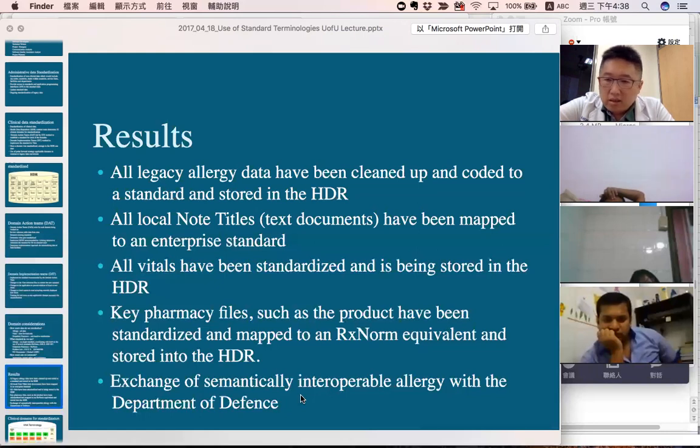So I guess there are a lot of things we can work on. For example, I'm thinking the laboratory data is another interesting thing to do. Oh, don't forget to mention the PACS system. In Taiwan, the government spent lots of money to standardize the image system.